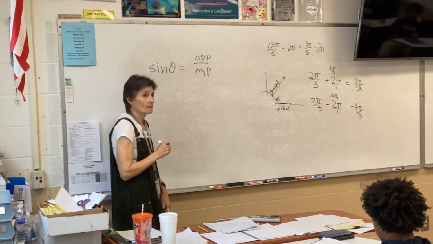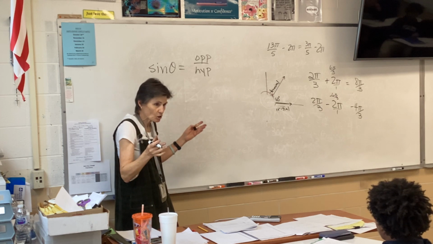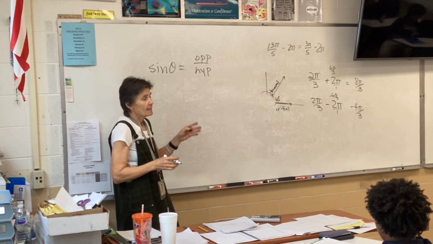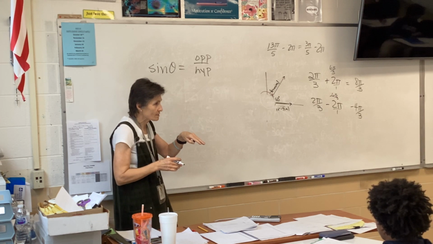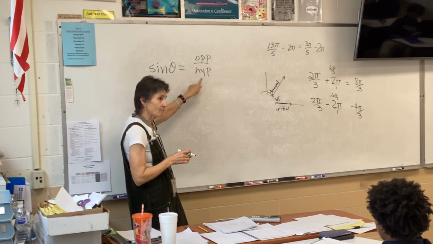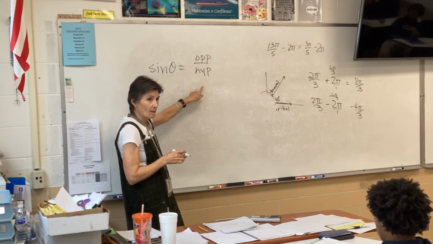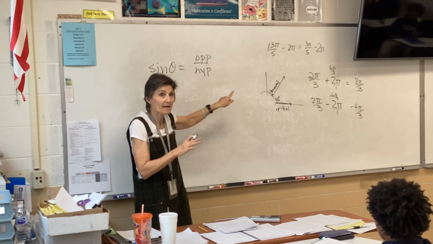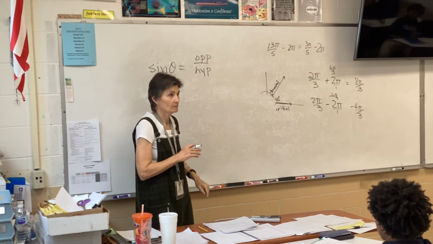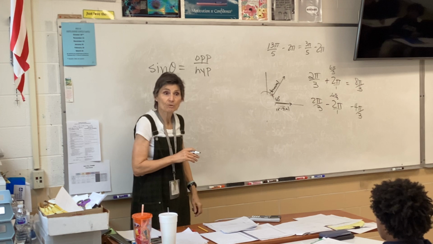Right? You have that definition already, SOHCAHTOA. Here's the deal, folks. If you're going to use that definition, then what has to be the case about your triangle? It has to be a right triangle.